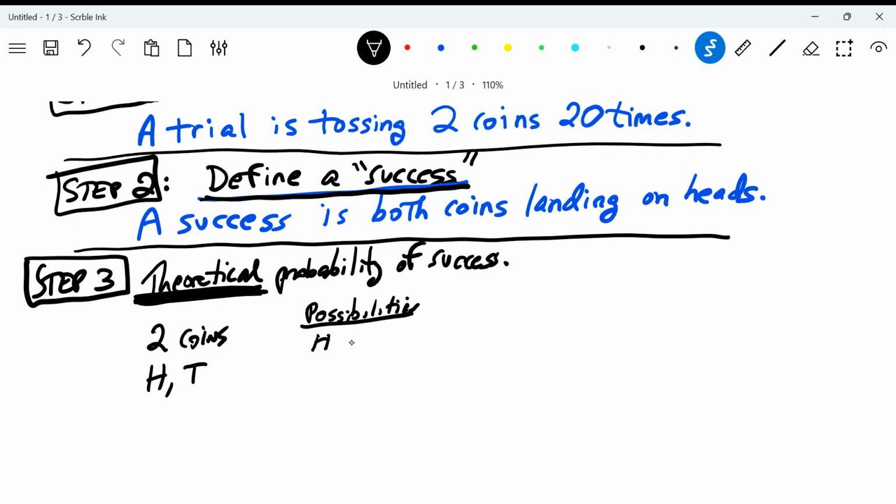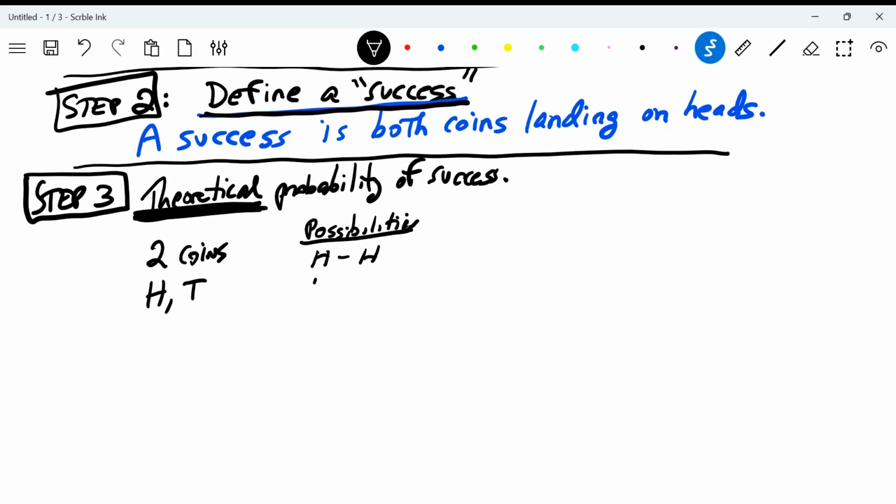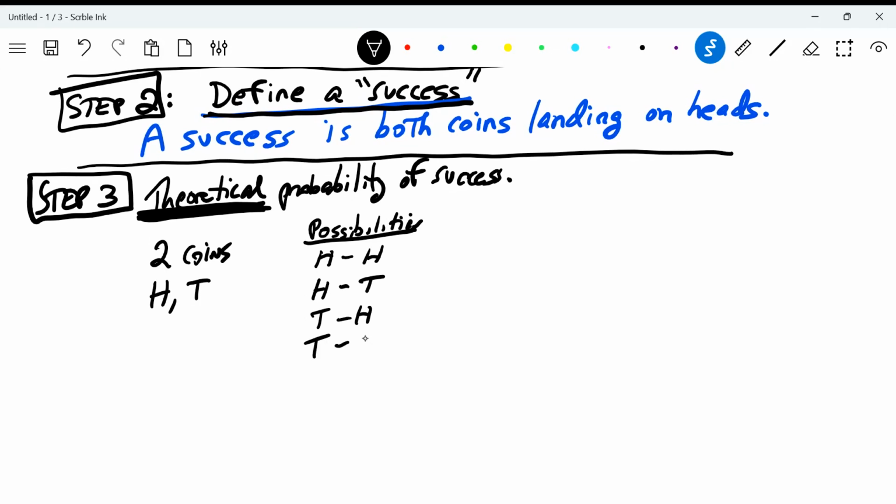One coin gets heads and the other coin gets heads. The first coin can get heads and the second one could get tails. The first coin could get tails and the second coin could get heads. The first coin could get tails and the second coin could get tails. There are no other possibilities. These are the only things that can happen, and that means that there are 4 possibilities.